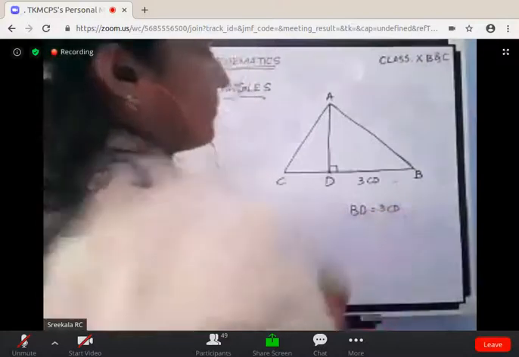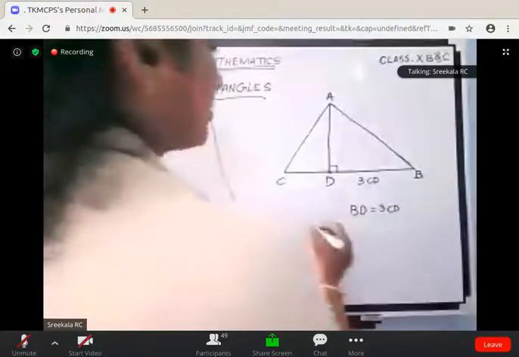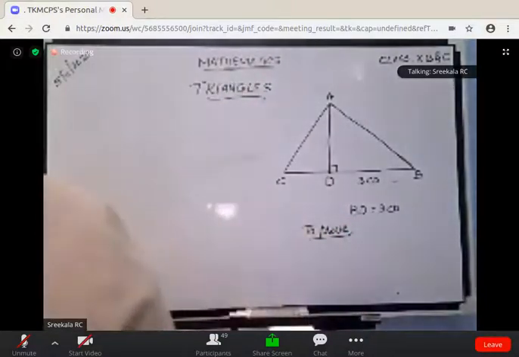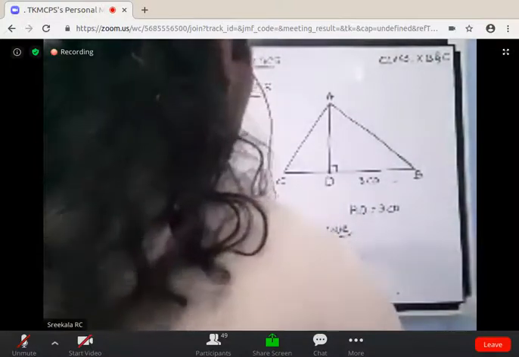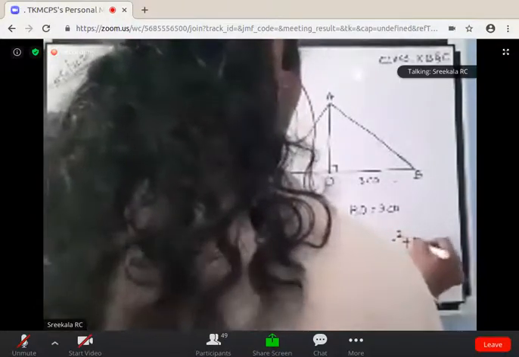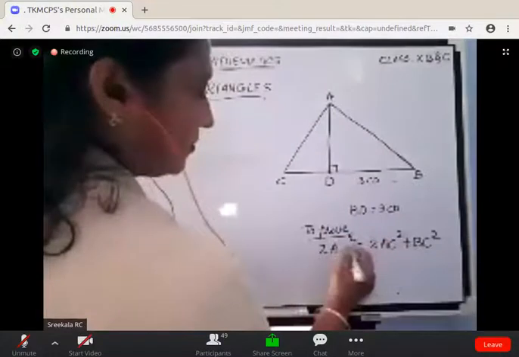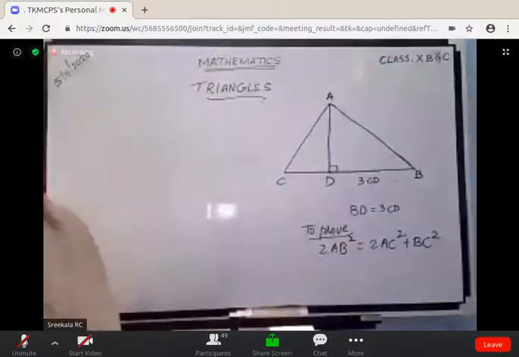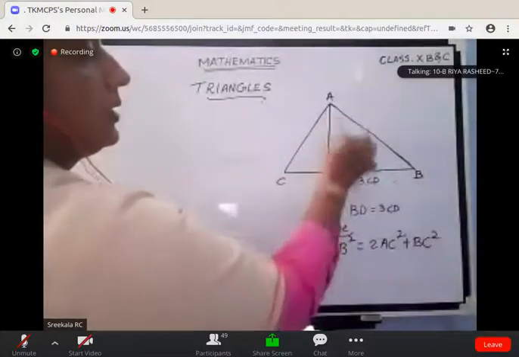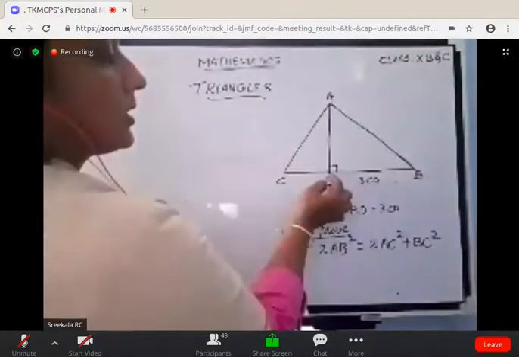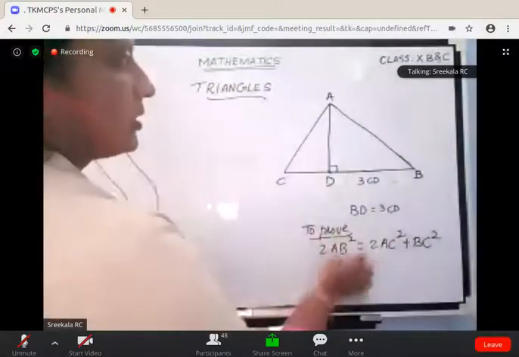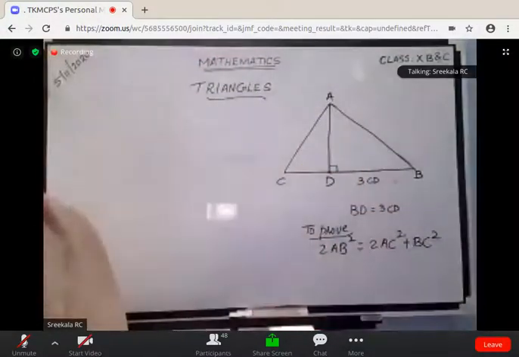To prove: 2AB square equals 2AC square plus BC square. That you have to prove.